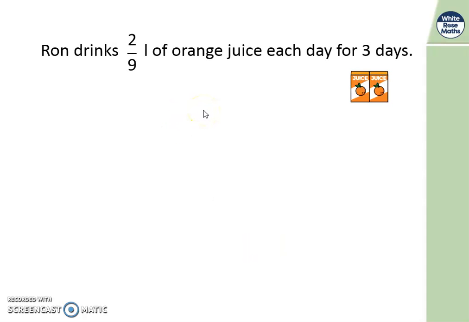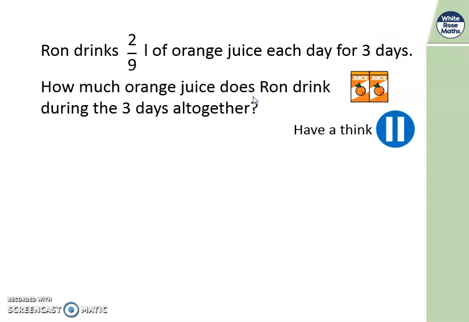So today we're looking at non-unit fractions, and you can see here that 2/9 is a non-unit fraction because 2 is more than 1. So Ron drinks 2/9 of a litre of orange juice each day for 3 days. How much orange juice does Ron drink during the 3 days altogether?